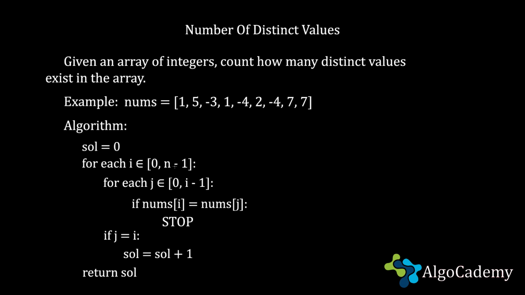So I go through every element on its left, and those are the elements starting from position 0 and ending at the position i-1. And if I encounter an element, nums of j, which is equal to nums of i, stop the for loop, right? So this is pseudocode, and this is why I've written stop, but in most languages it's break.